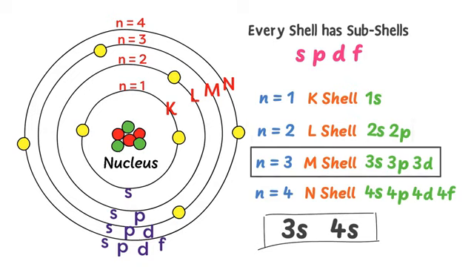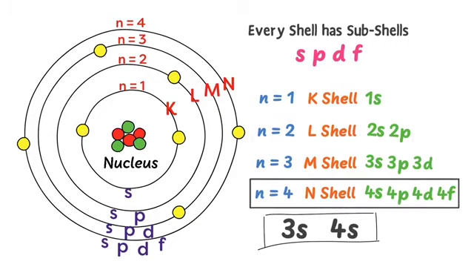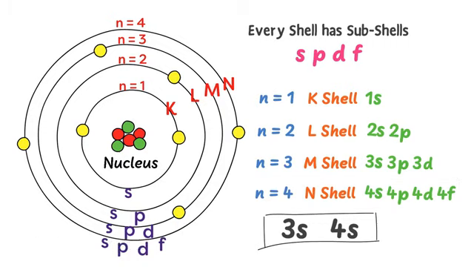When n is equal to 3, it is the M shell and it has three subshells, 3s, 3p and 3d. When n is equal to 4, it is the N shell and it has four subshells, 4s, 4p, 4d and 4f. This was all about shells, subshells and orbitals.